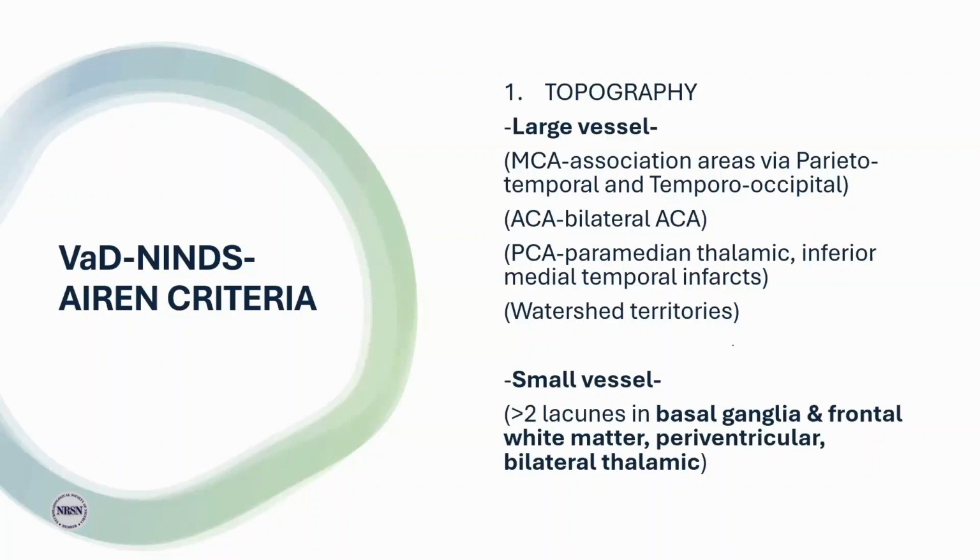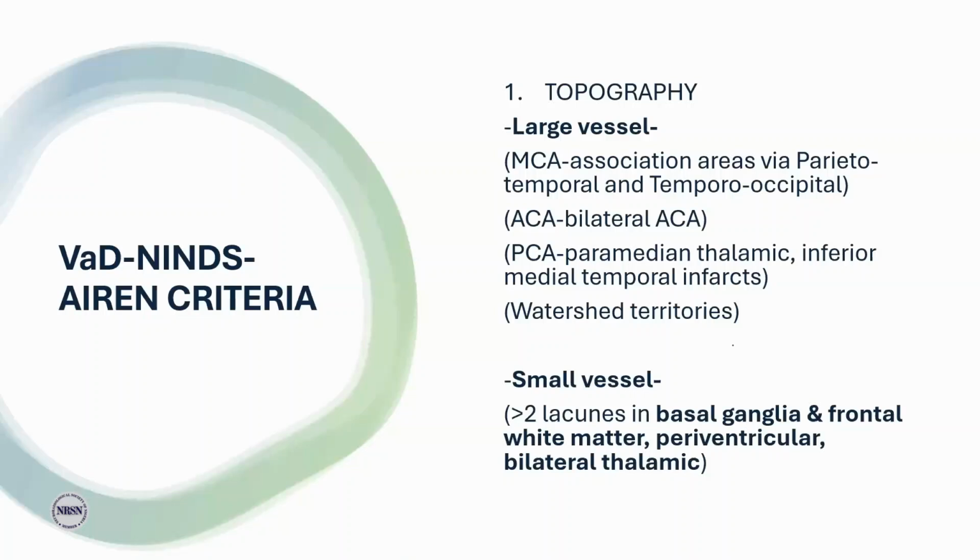Then for ACA, if ACA has to be involved in this criteria, it must be bilateral ACA affectation. Then PCA affectation for large vessel should be seen in the paramedian thalamus and inferior medial temporal infarct. While watershed territories that are between ACA and MCA and between MCA and PCA have to be involved.